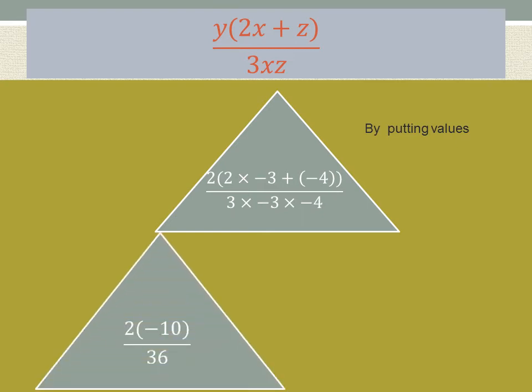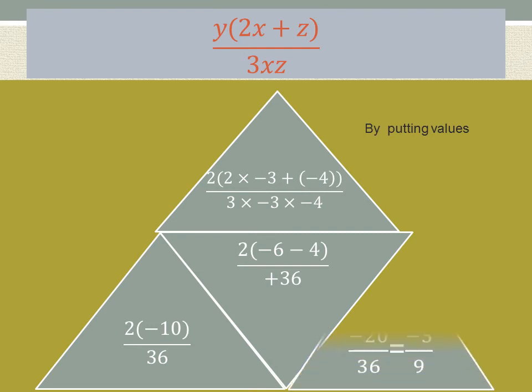First we solve the bracket. 2 into minus 3 is minus 6 plus minus minus 4. There are two signs, plus minus, it will be multiplied, plus minus becomes minus. Minus 6 minus 4 is minus 10. Two same signs will be added. 2 bracket minus 10 means 2 is multiplied by minus 10. 2 into 10 is minus 20.